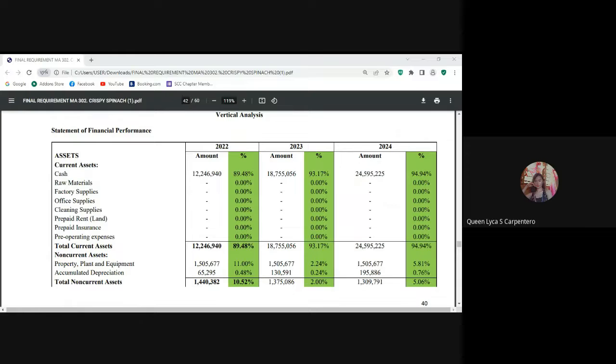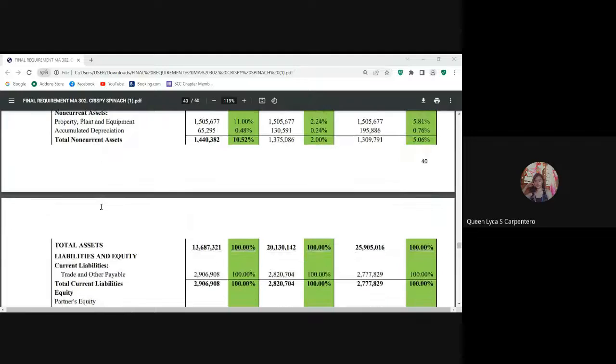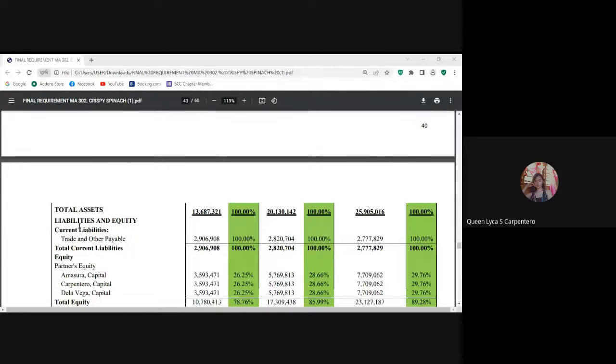Same gyapon siya pagkuha na percentage. So ang total current asset niya same gyapon, pero diri sa current liabilities kay dili siya same. So ang diri kay kaning 2 million na trade and other payable and 2 million kapin, gi-divide siya sa iyahang kaugalingon gyapon.